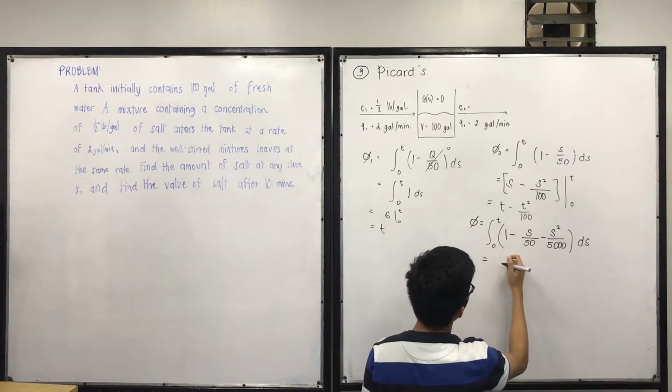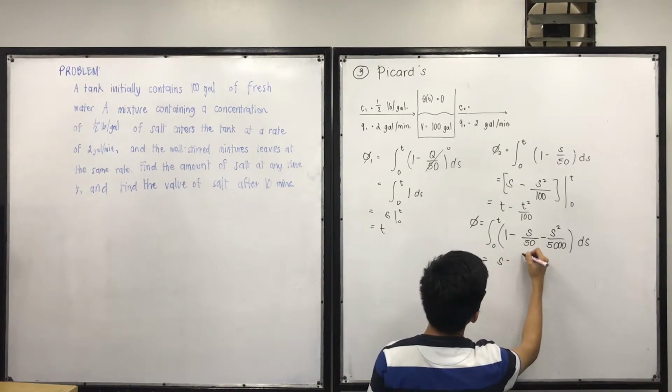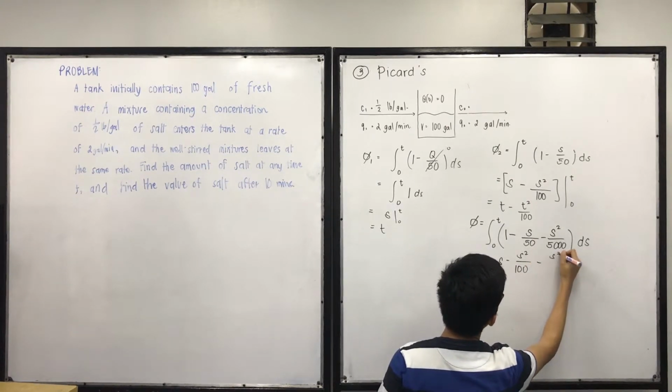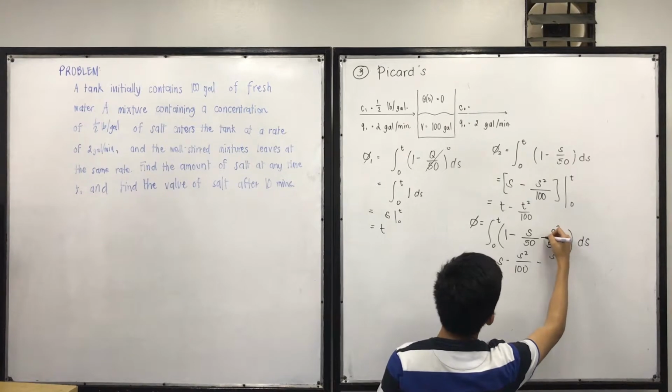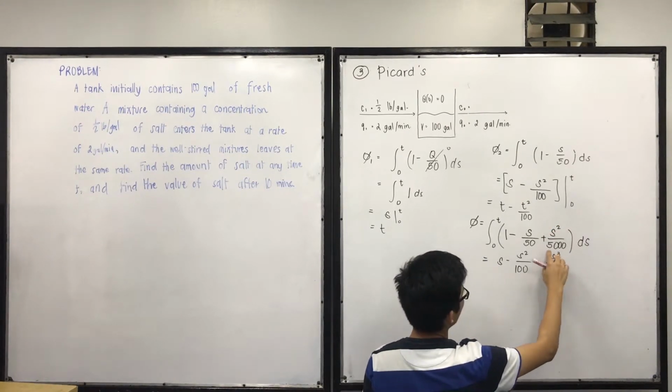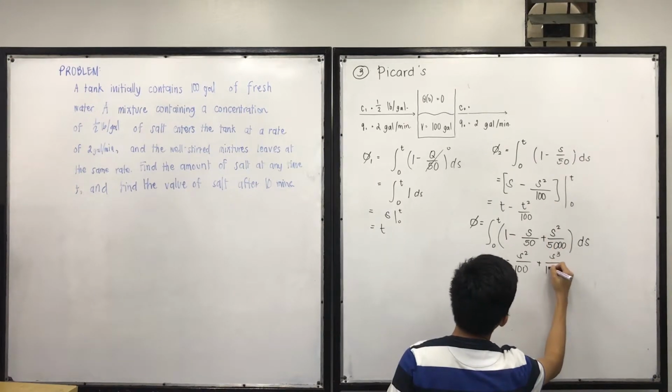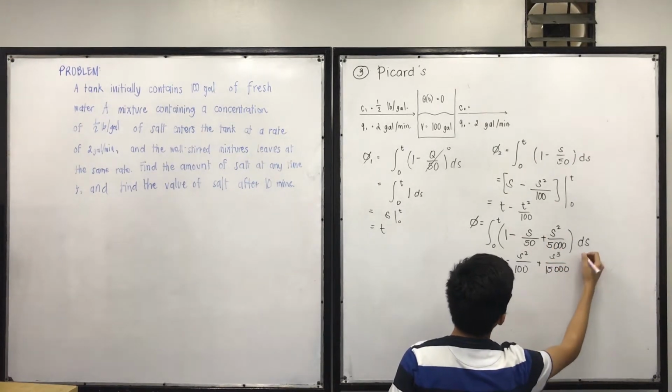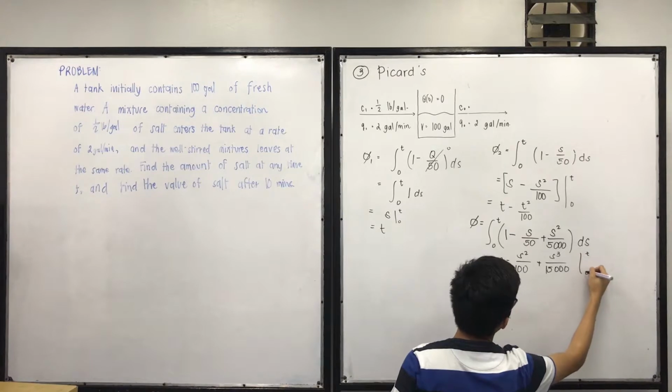Integrating, we will have s minus s squared over 50 times 2, which is 100, plus, I'm sorry, this should be plus, s cubed over 5,000 times 3, which is 15,000. Evaluated from 0 to t.